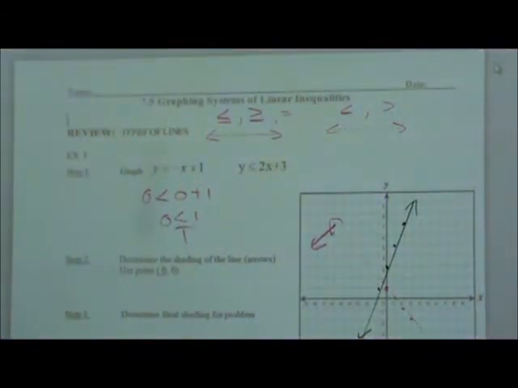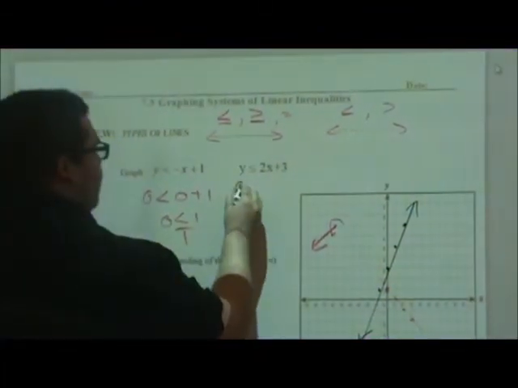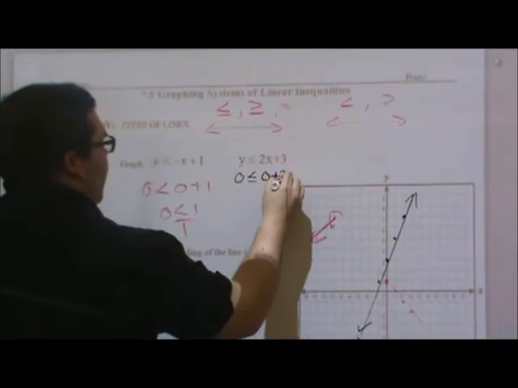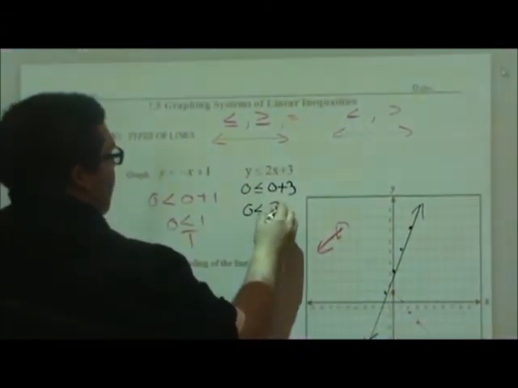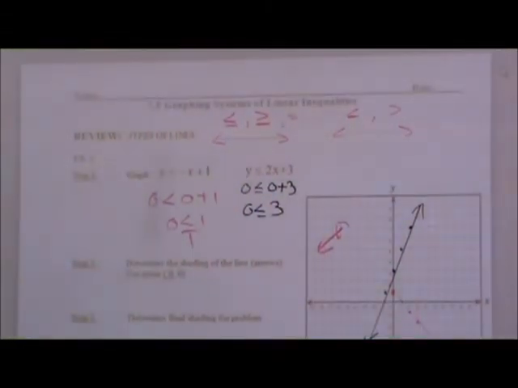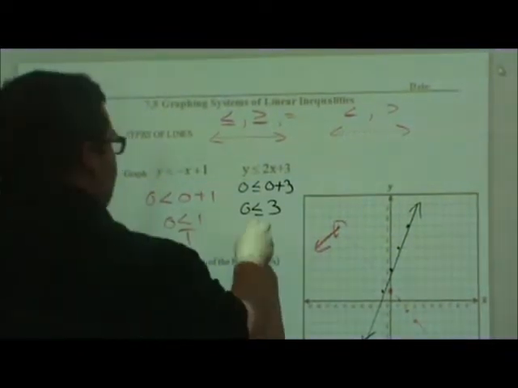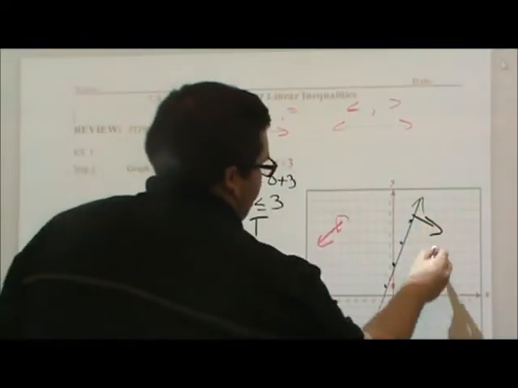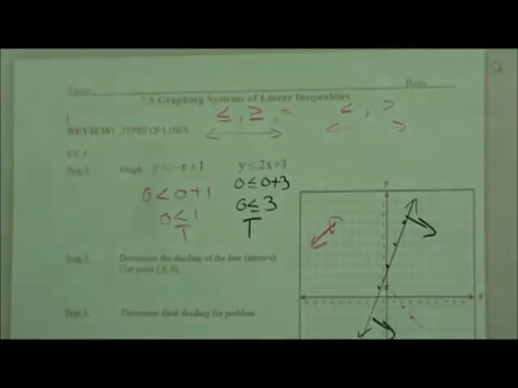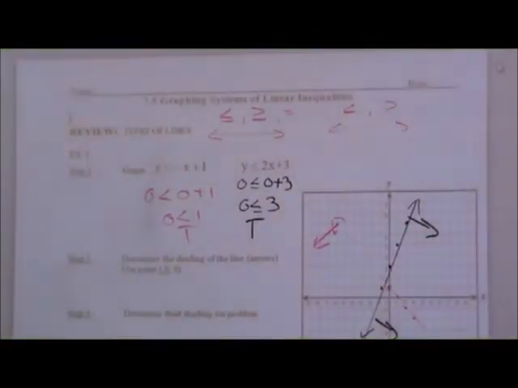And now we want to plug in 0, 0 here. Well, it's 0 less than or equal to 0 plus 3. 0 less than or equal to 3. That time that's also going to be true. So this line is shaded towards 0, 0.